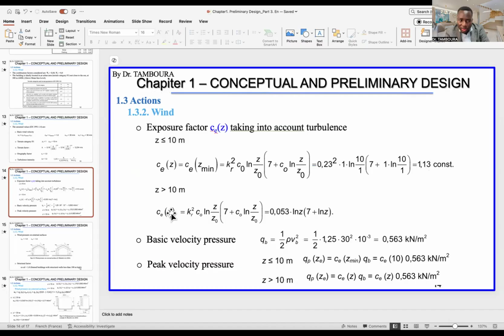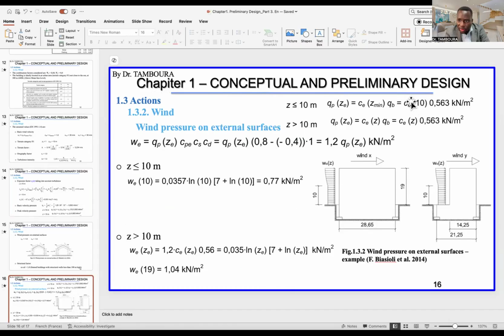If you take that 1.13, multiply by 0.563, this one is the peak velocity pressure, which is here, QPZE minimum. Multiply this one then by 1.2. You will obtain this.